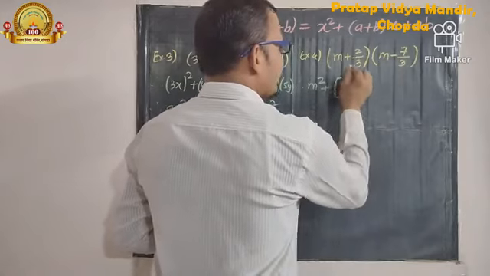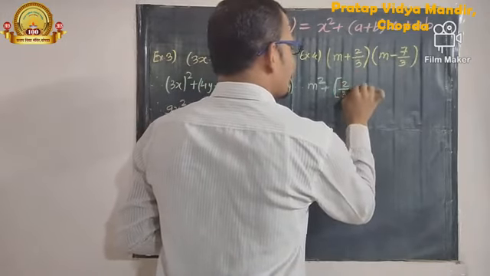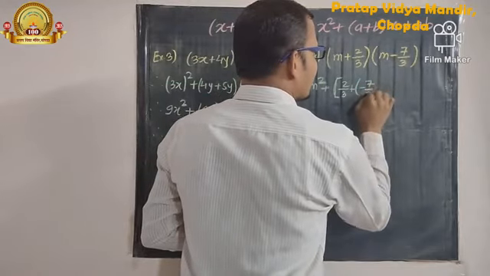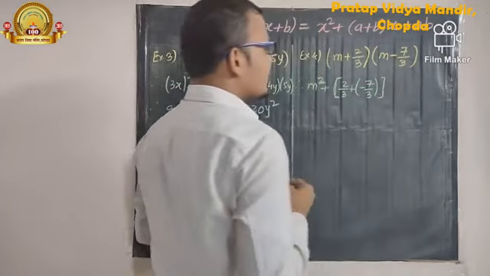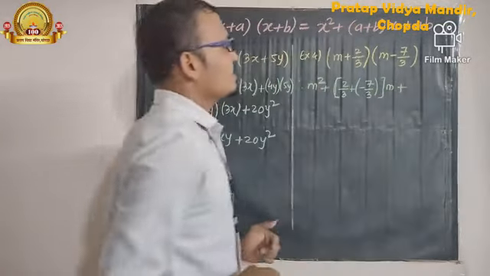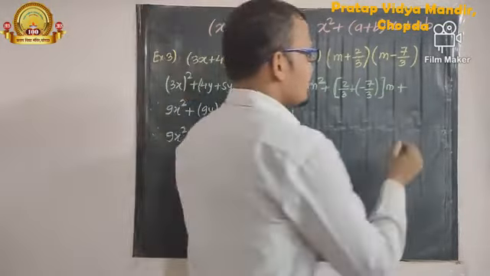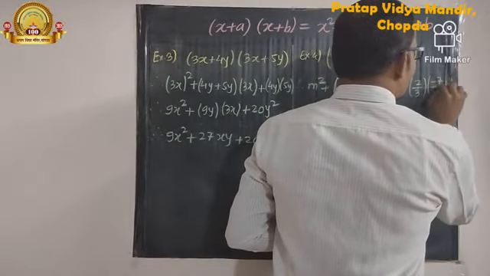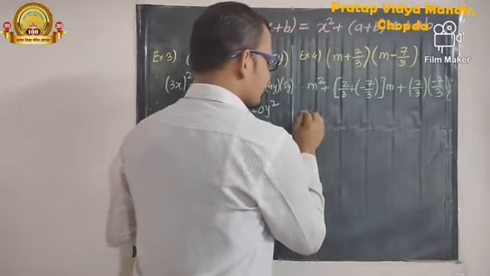What is A? A is 2 upon 3 plus what is B? B is minus 7 upon 3 into x. X is m here plus A into B. What is A? Again 2 upon 3 into minus 7 upon 3.